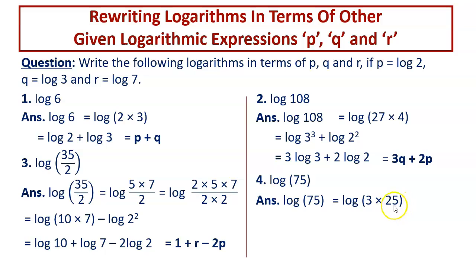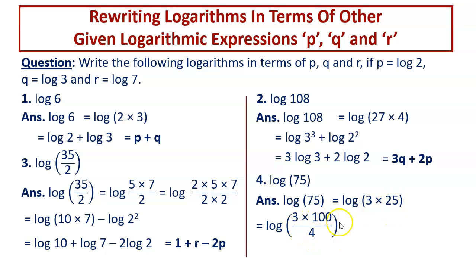But 25 can be written as 100 over 4. Because the base is 10, that's why we can think of taking the number 100. Okay, because it is 10 squared and the base is 10. So 25, we will be writing as 100 over 4. It is 3 times 100 over 4.